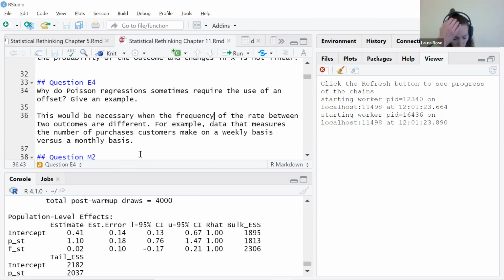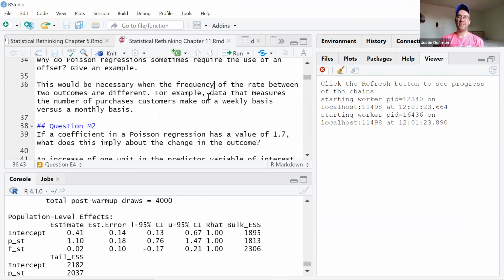I think he has that in rethinking too, right? Maybe not quite the same name, but a similar function. Exactly, same idea, same outcome.